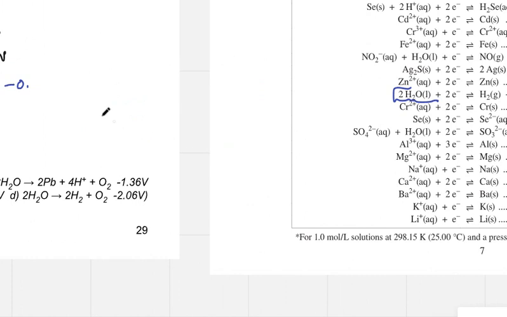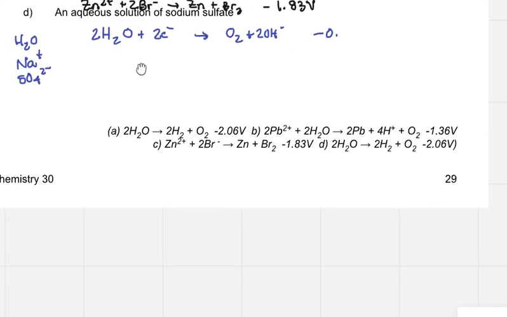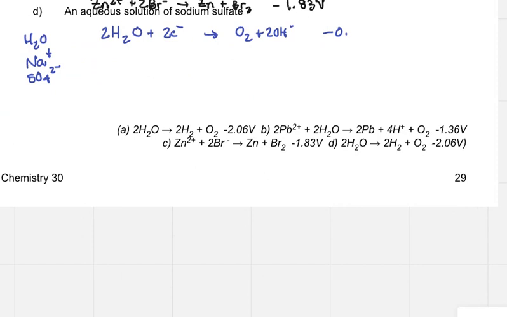And it's hydrogen, not hydroxide. Okay. You're watching my brain turn to mush right before your eyes. Sorry about that. This produces hydrogen, 2 electrons, and minus 0.83 volts. I didn't flip this because this reaction is as written in the data book.